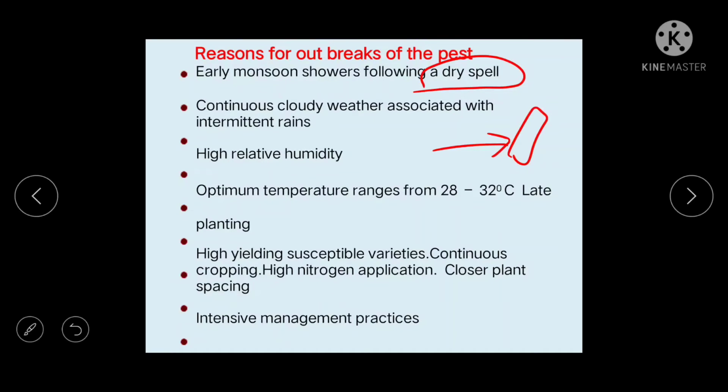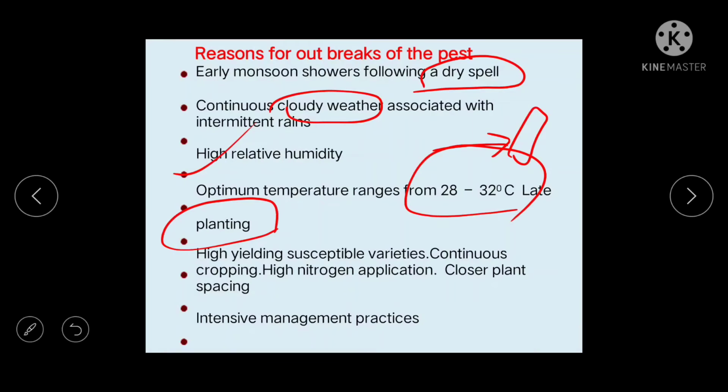Then continuous cloudy weather is also an important factor, then high relative humidity, then temperature of 28 to 30 degrees Celsius. Late planting is also one reason. High yielding susceptible varieties, continuous cropping that is monocropping, nitrogen application, closer plant spacing, then intensive management practices. These are the reasons for the pest outbreak.